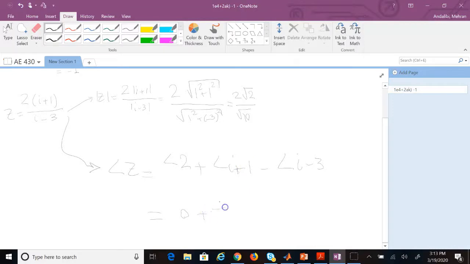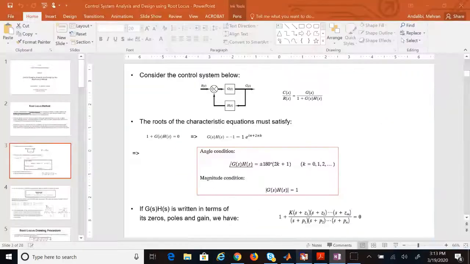That is arctangent of the imaginary coefficient divided by the real coefficient, so 1 over 1, minus arctangent of what? The imaginary number, which is 1, divided by the real number. Okay, so it's going to be this. So this is how we find the magnitude and the phase of a complex number.